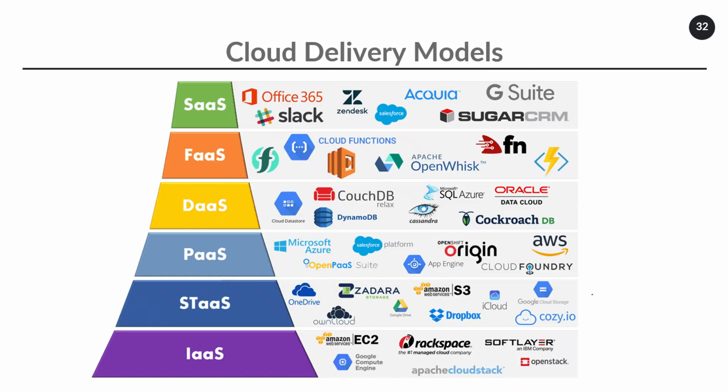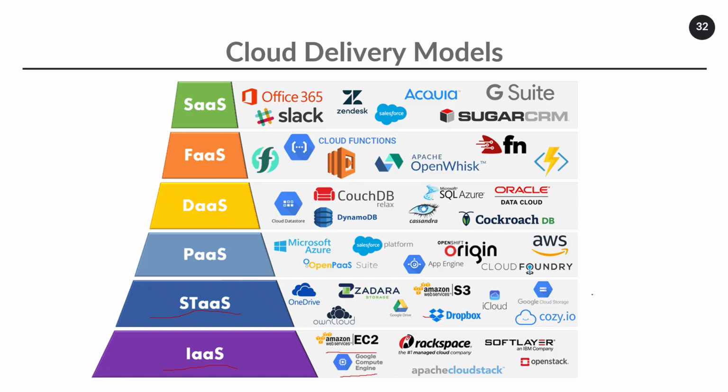Now, just putting together all the most common delivery models. IaaS, infrastructure: we saw Amazon EC2, but you have all the others, like Google Compute Engine, etc. Storage as a service: OneDrive, Dropbox, Google Drive.